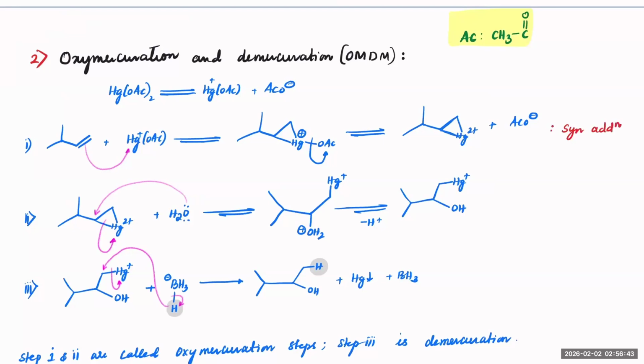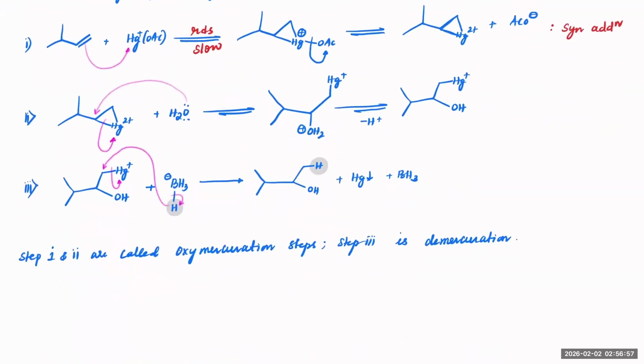That is oxymercuration. Here it is an electrophile, and that will be a rate determining step, a slow step, and it will make a syn addition. Thereafter, water adding here and bond breaking here is an anti-addition.